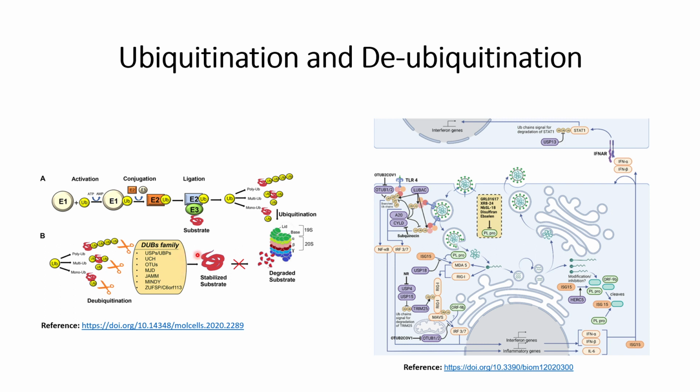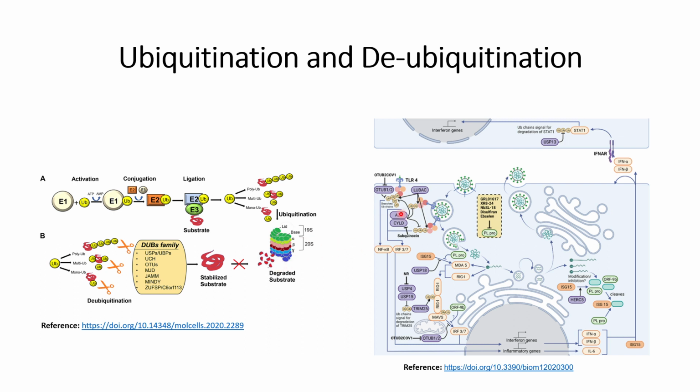The proteins that are able to form their native structure and can perform their normal function are considered as stable substrate, and they are not directed towards this proteasomal degradation. And these are the families of DUB, that is, de-ubiquitination enzymes, that can help the proteins for de-ubiquitination.